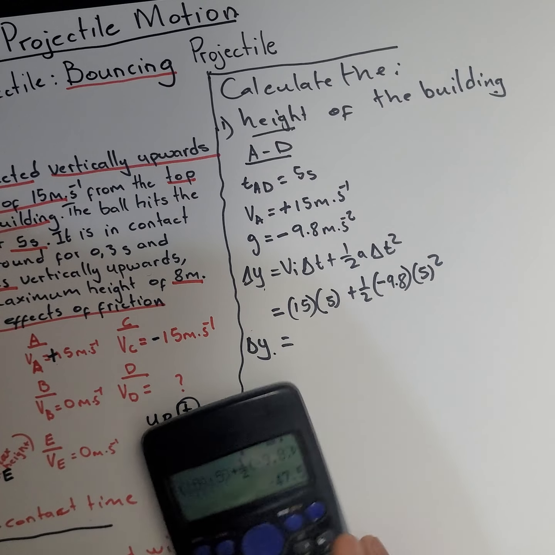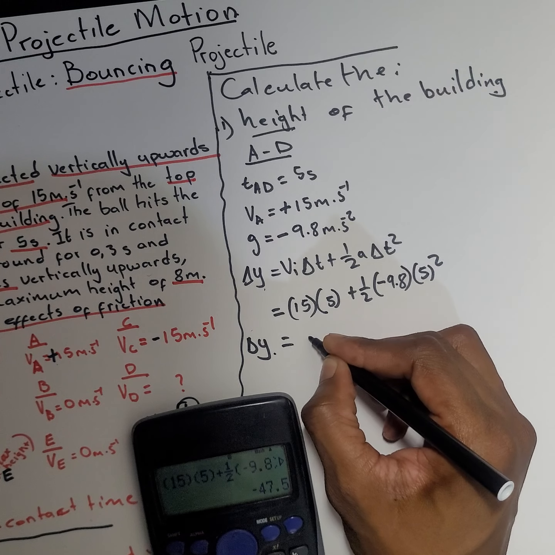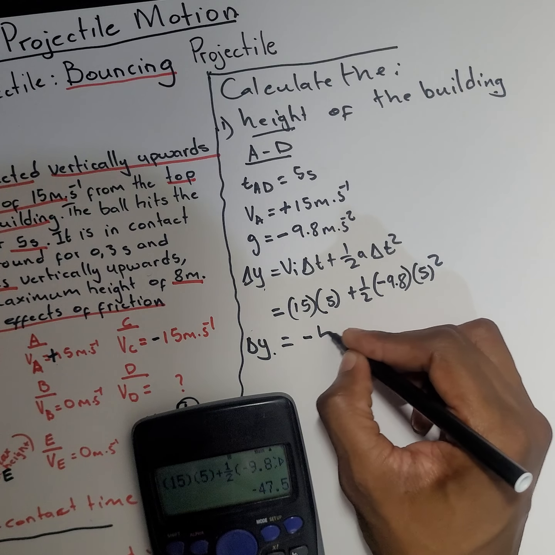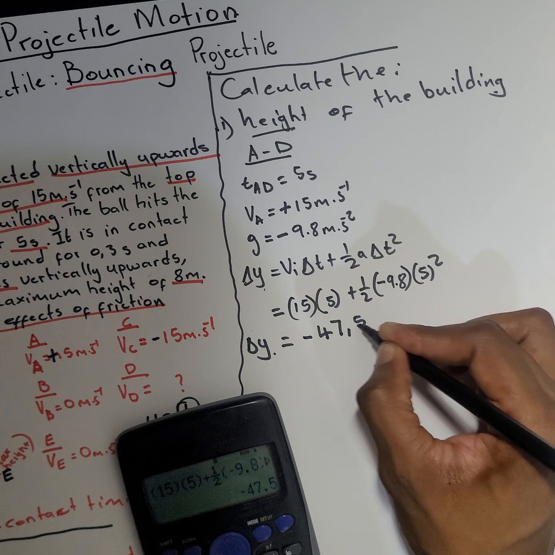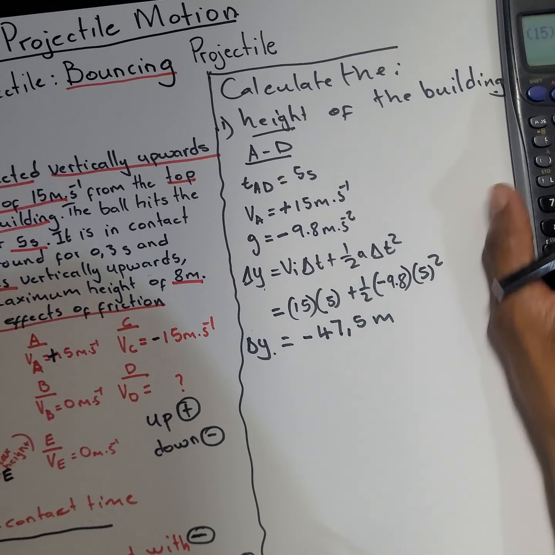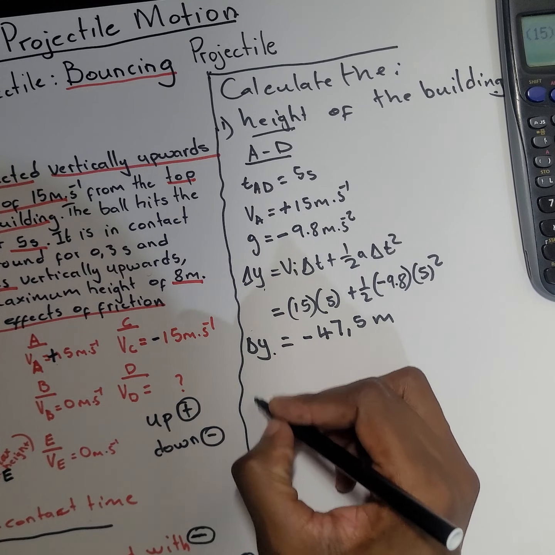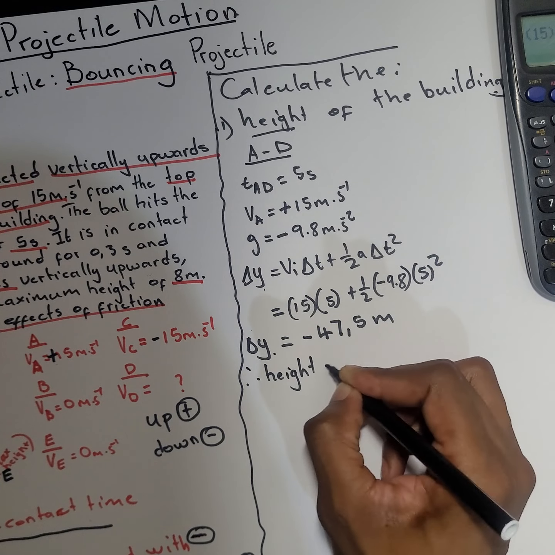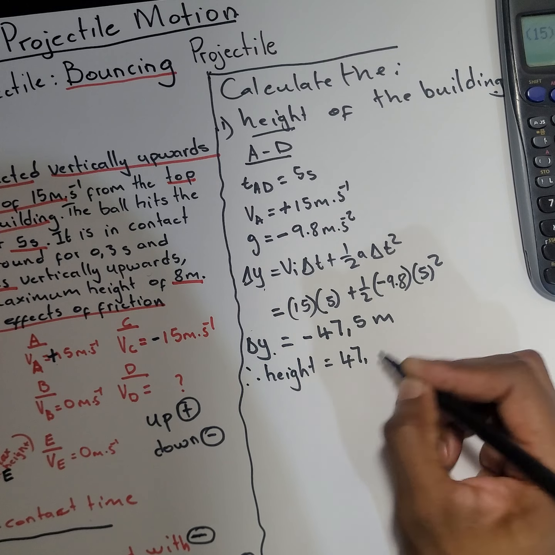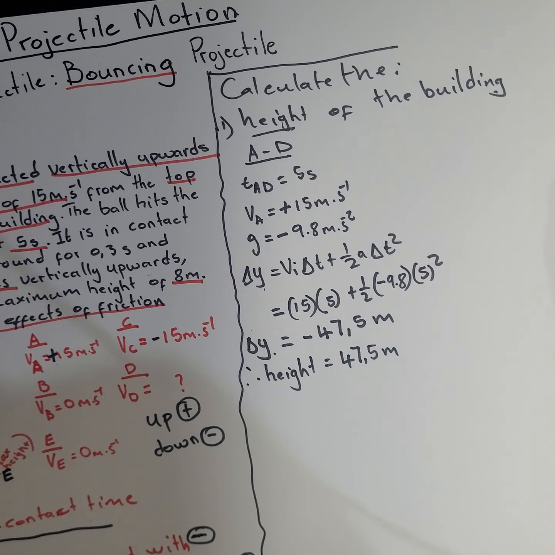And then I will find my height of the building there to be negative, my delta y, I mean negative 47,5 meters. But the examiner did not ask me to find delta y. I will then say, therefore height is equal to 47,5 meters. Then that will now be my height.